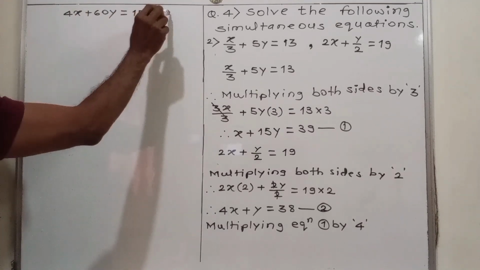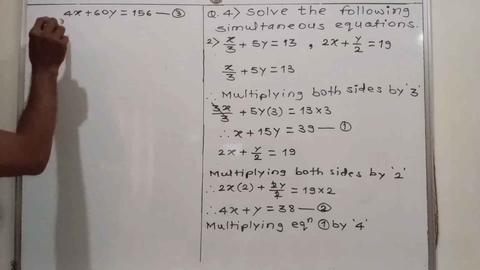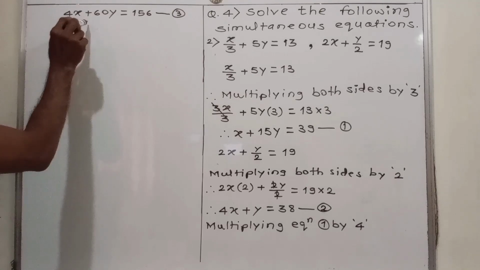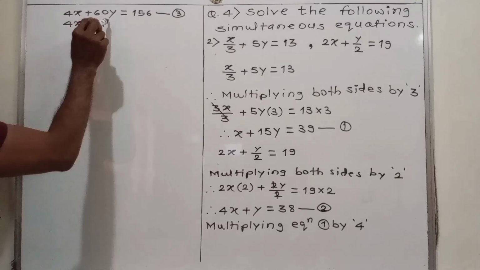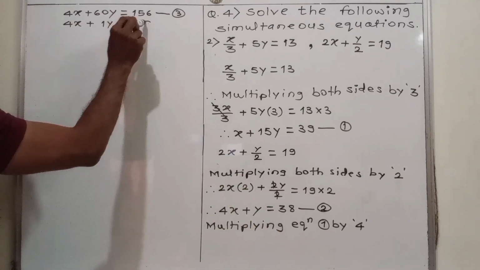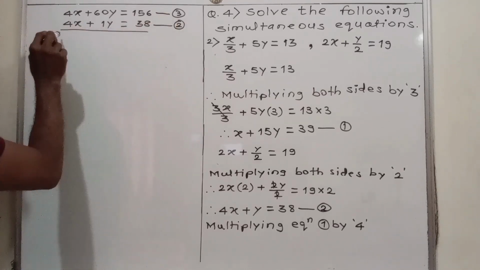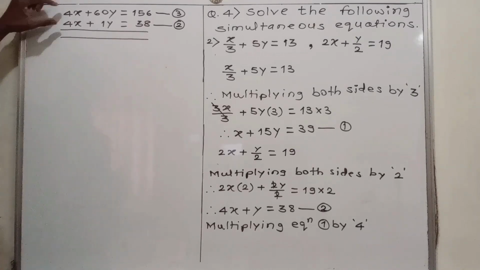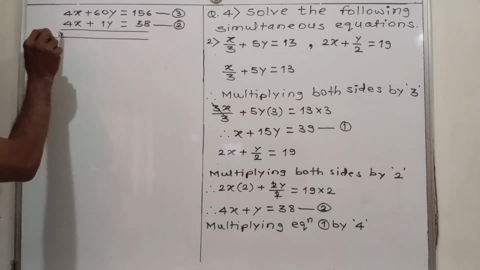Okay, this is equation number 3. Exactly below we write equation number 2. 1y is equal to 38. Now coefficients are equal as well as signs are also equal or same. So by subtraction.